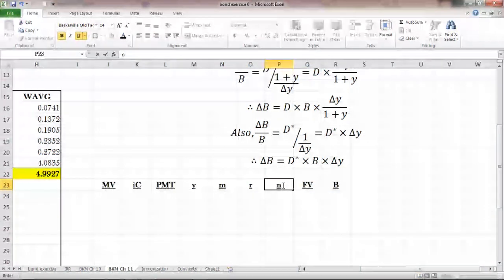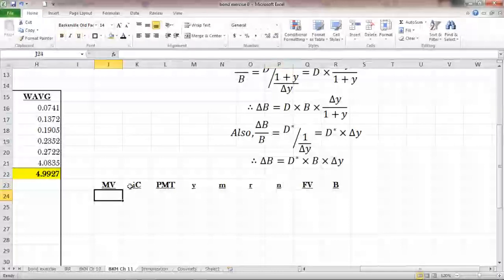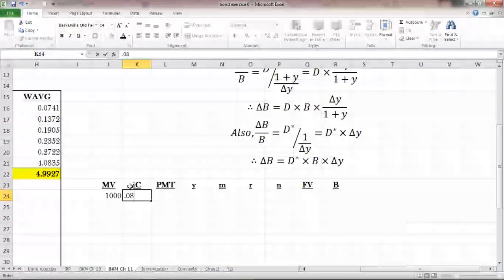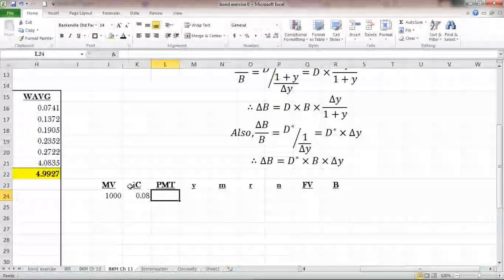Okay. So basically, maturity value we all know it's $1,000, right? Coupon rate 0.08, and yield also 0.08.